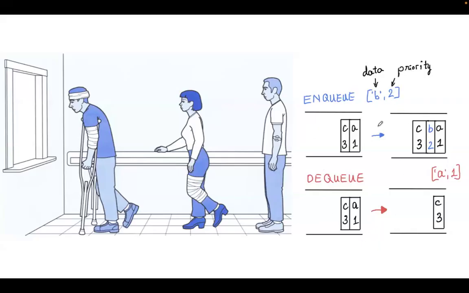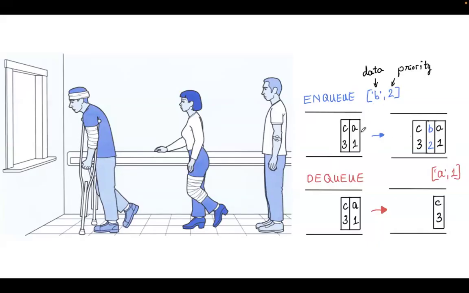And so this is an example where something like a linked list can work. If each of these boxes is a node, then we can store not only the data, but also some priority.